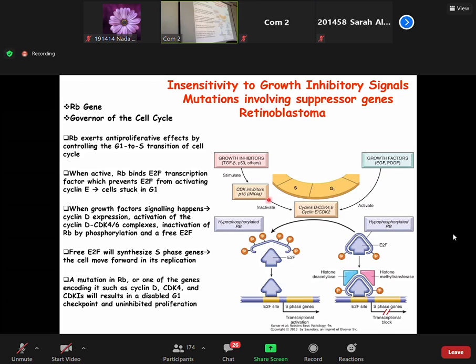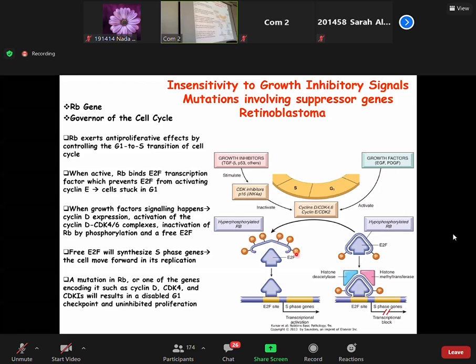Okay. What happens if you keep the retinoblastoma gene in its inactive hyperphosphorylated form as a result of a mutation of that gene? There's going to be permanent activation of the E2F site with the E2F, because the E2F is no longer going to be locked by the retinoblastoma gene, and that's going to result in permanent movement of the cell cycle, resulting in permanent division of cells, giving rise to tumorous formation.